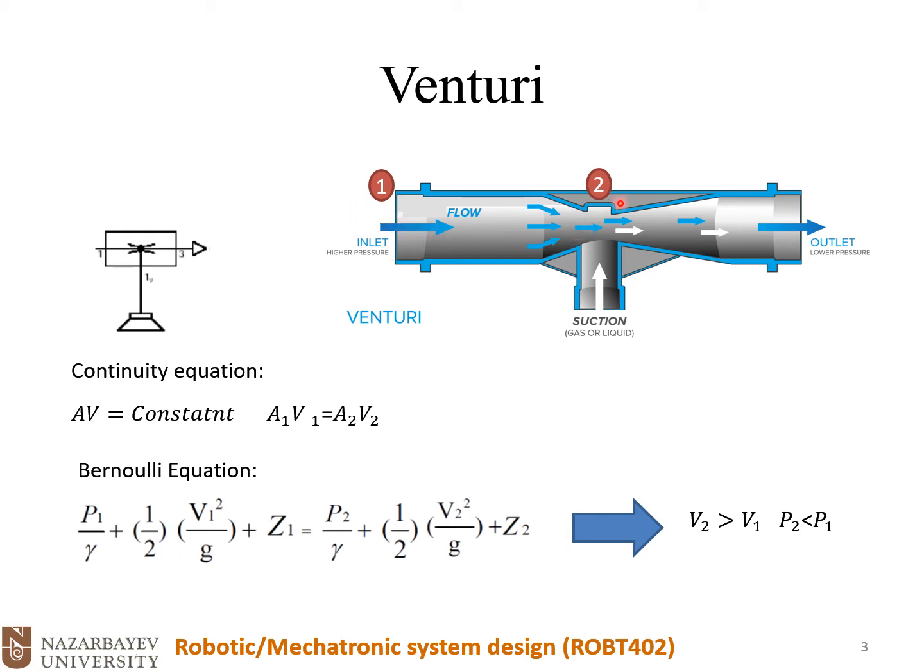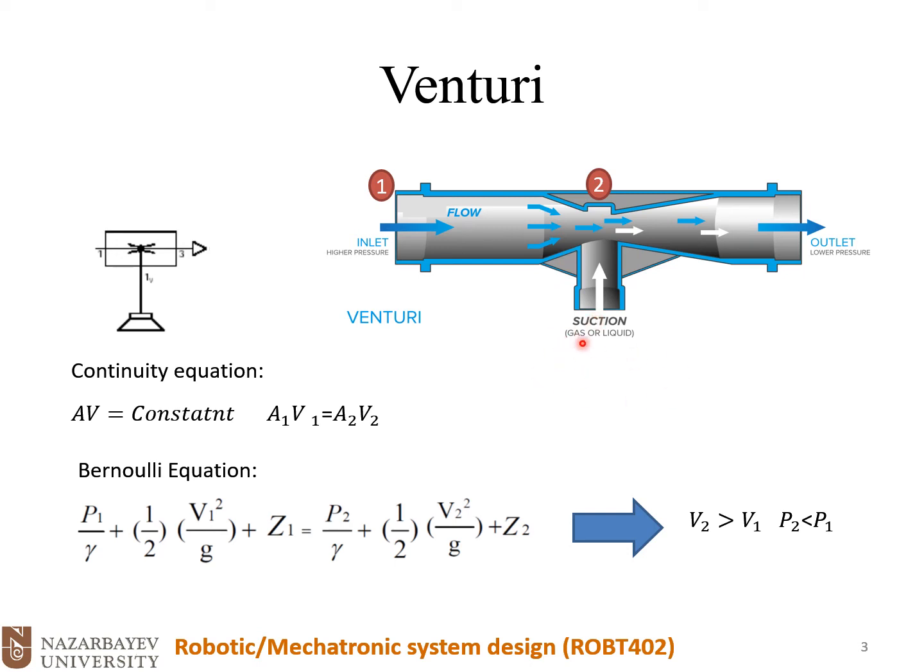If we could design a proper cross section, and fit the inlet with a proper pressure, we could achieve a pressure P2, which is the absolute pressure, less than the pressure of atmosphere, and that could create a suction.